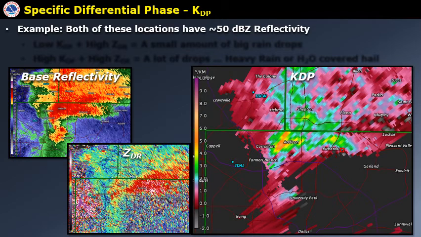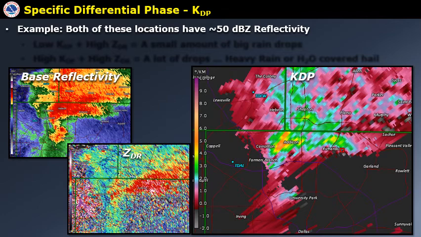So let's step through an application of KDP. We'll also use KDP in tandem with ZDR, which is a pretty popular technique among NWS meteorologists. Of course, always remember to have some sort of legacy radar product when you're interpreting your dual pole radar product.